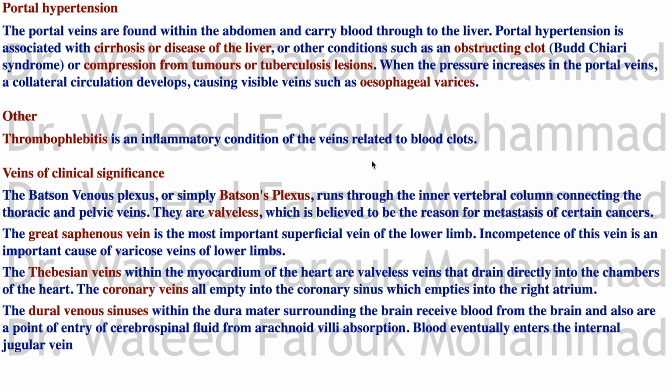Other conditions include thrombophlebitis, an inflammatory condition of the veins related to blood clots. Veins of clinical significance: the Batson's plexus. It's the inner vertebral venous plexus, and it's all over the vertebral column and drains from the tissues connected to the external vertebral venous plexus and to the outside.